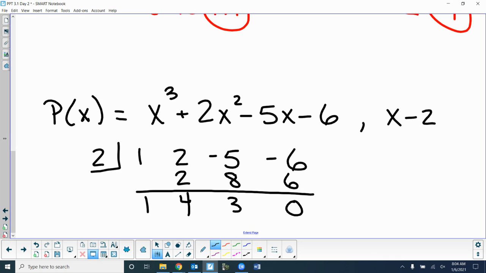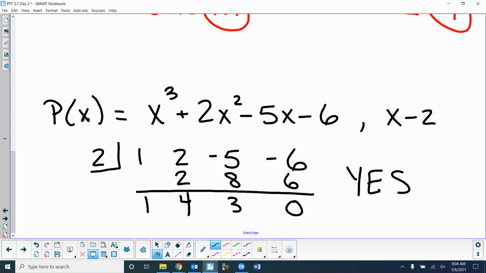What do you think? Since my remainder is 0, that's what you're looking for. If you get a 0 like we did here, then you're going to say yes, it's a factor.